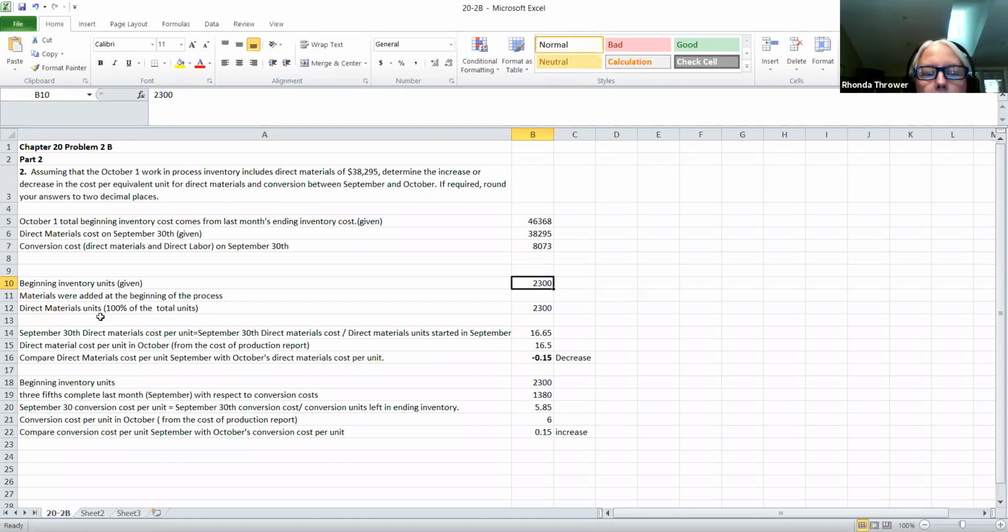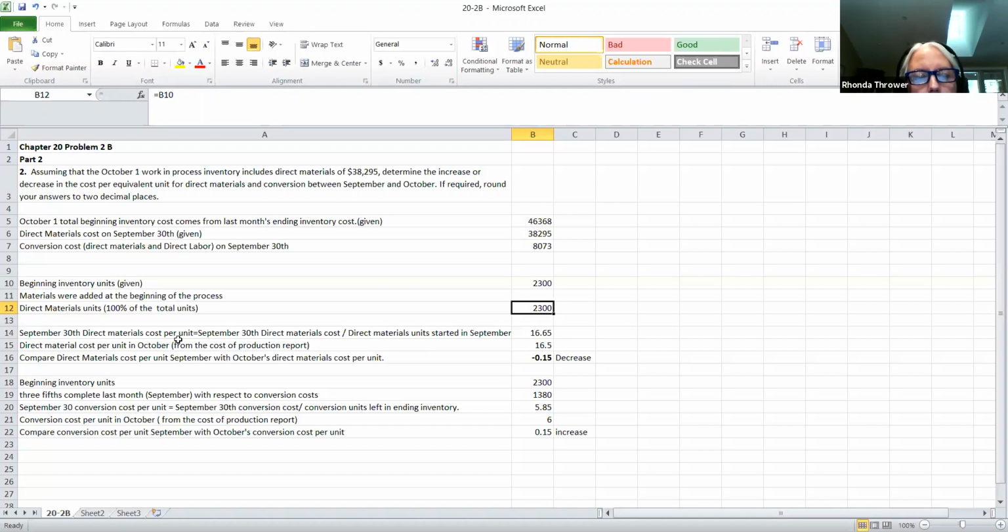The direct materials units are 100% of the total units. So in other words, all of my materials were added last period, and if the ending inventory for last period was 2,300 units, then 100% of those 2,300 units are my materials units.